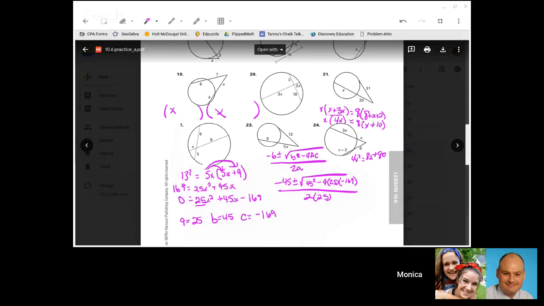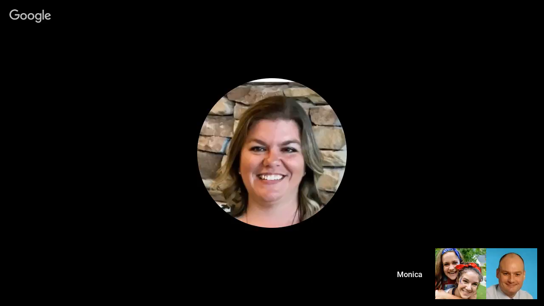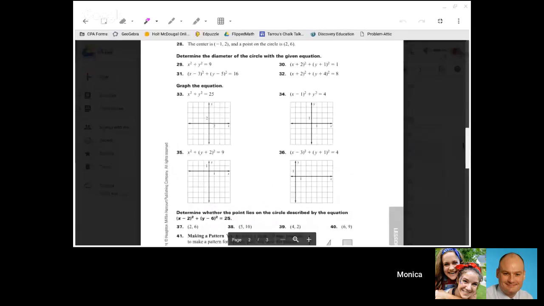34 on that page, Lily, the graphing one. Okay, hang on. Okay, so do you see how to tell what your center is from that, Lily?